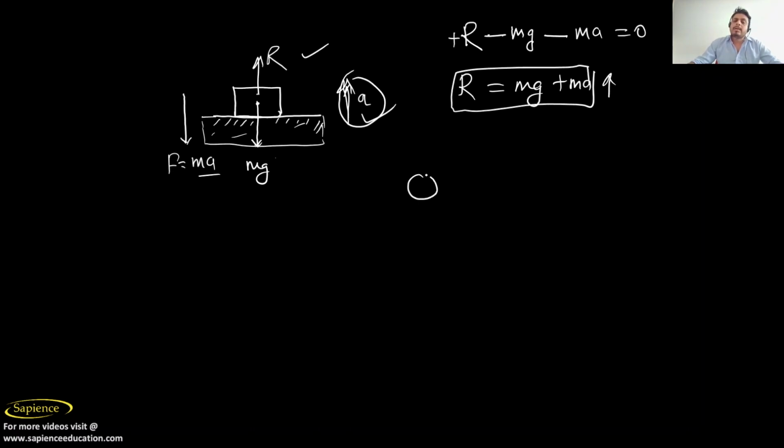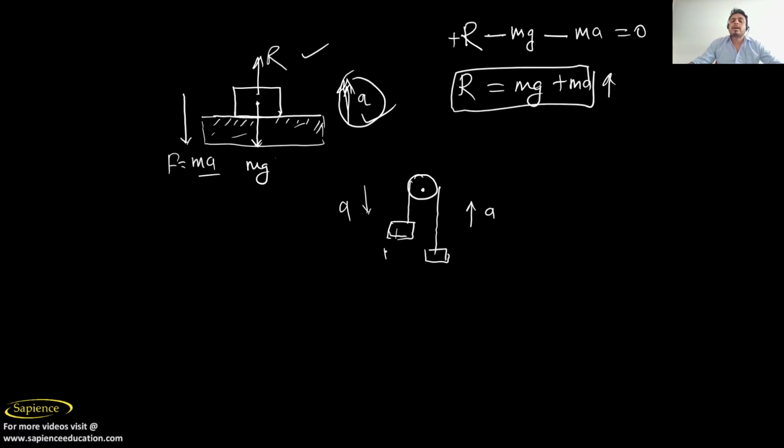In the same way, everywhere you need to solve like this only, okay? Everywhere. If you are taking this body moving in upward direction, and this body is also moving, then how will you solve this problem?